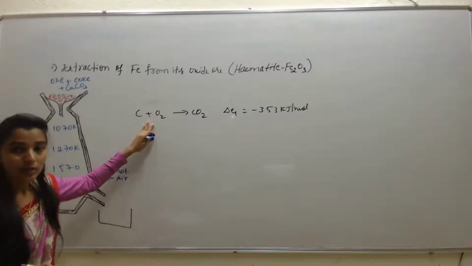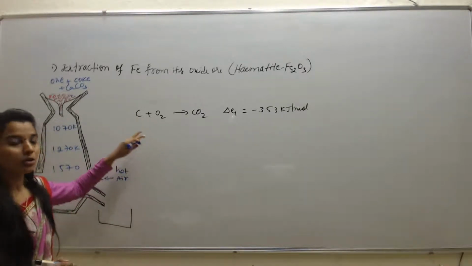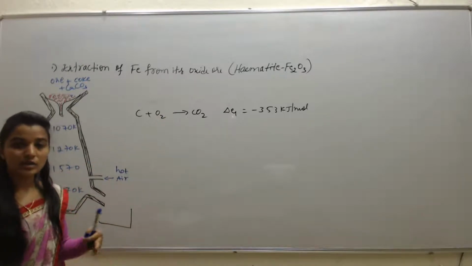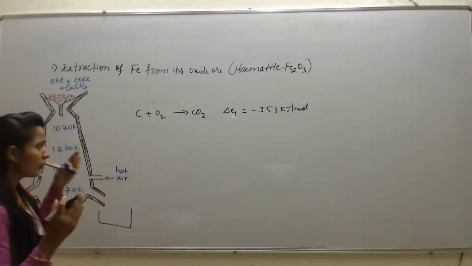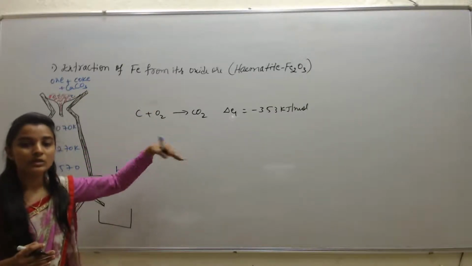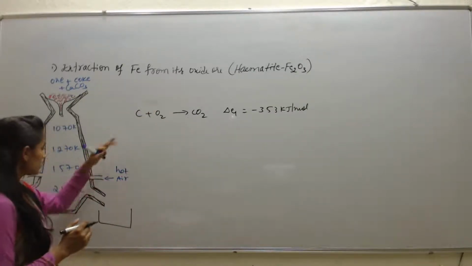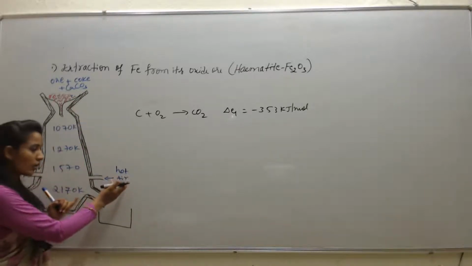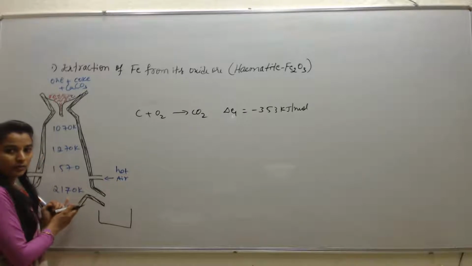In the first year, in thermodynamics, you already learned what an exothermic reaction is and what an endothermic reaction is. This is the very simple reaction that shows an exothermic reaction, which means it releases energy. I told you the coke reacts with oxygen, that is, hot air is blown into the blast furnace.